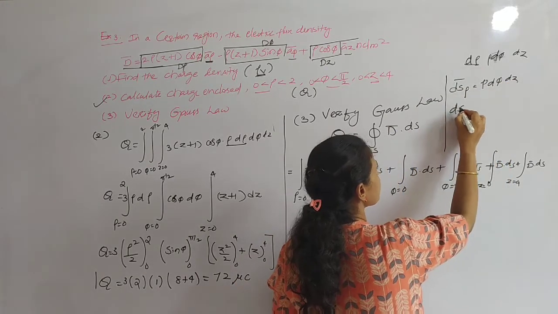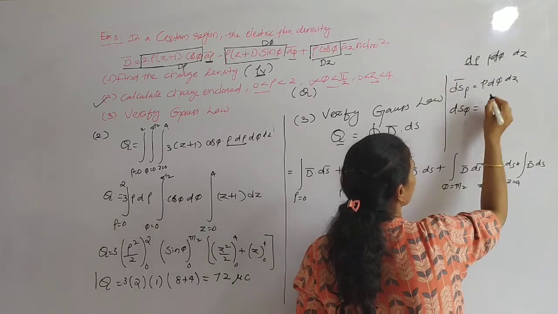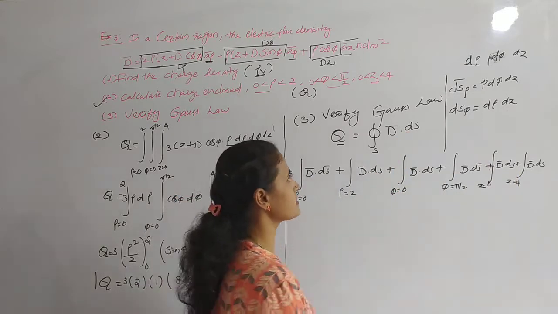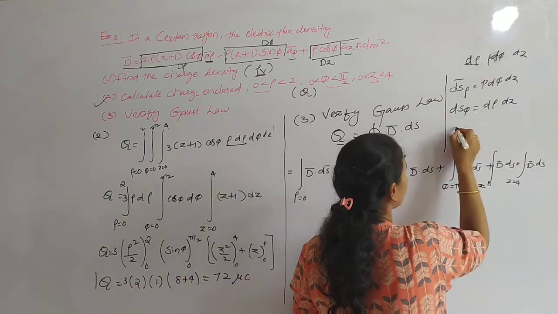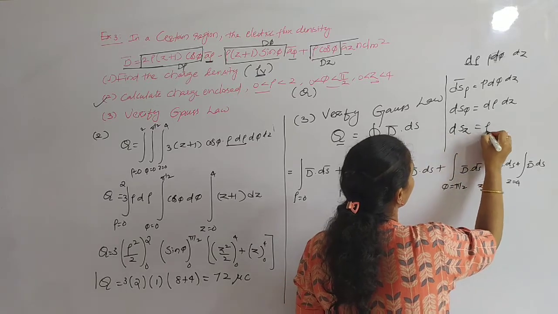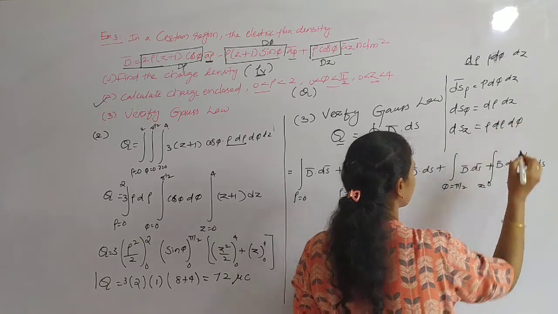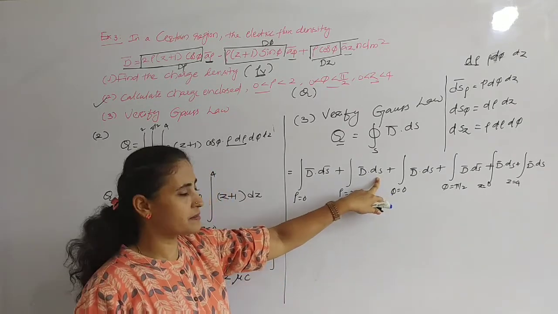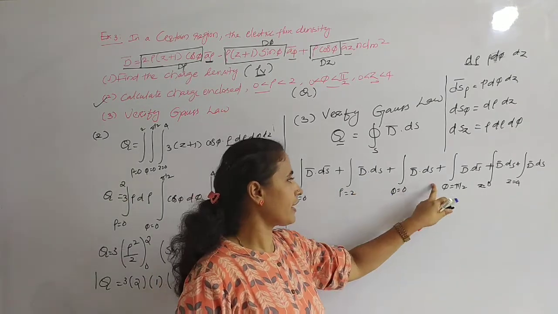Differential surface area normal to phi is nothing but d rho dz, with the respective unit vectors. Differential surface area normal to z is nothing but rho d rho d phi. So we have ds terms in rho, in phi, and in z.